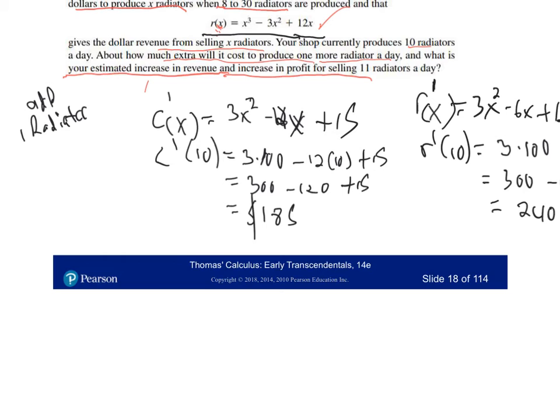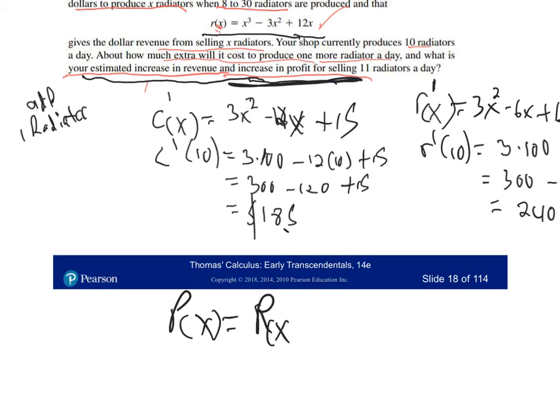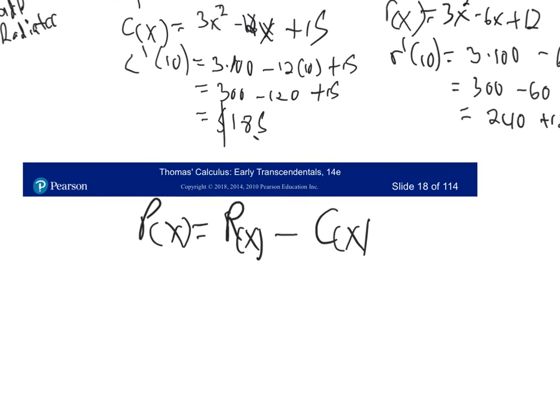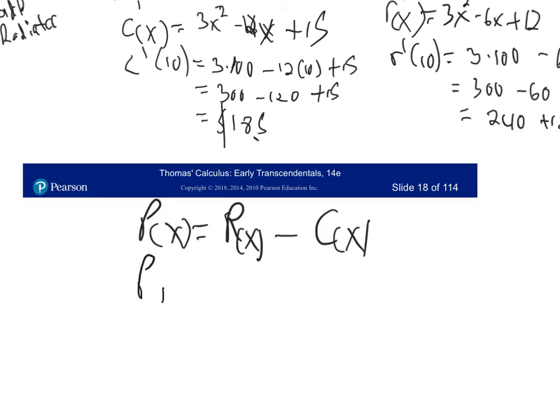Now I need to find out my estimated increase in revenue. I did that. And increase in profit. My increase in profit. How much more am I really making? Because remember, this was a cost. And so profit function should be how much money am I bringing in minus how much did it cost? And now remember, I'm dealing with profit when I'm supposed to be making 10.